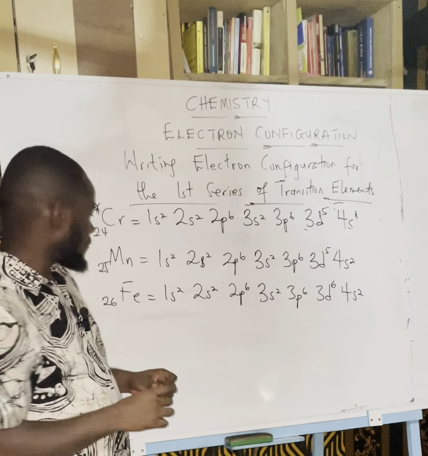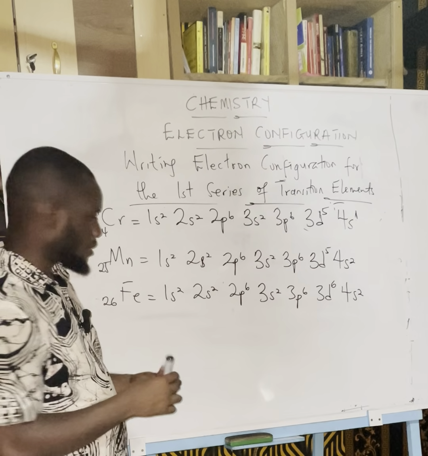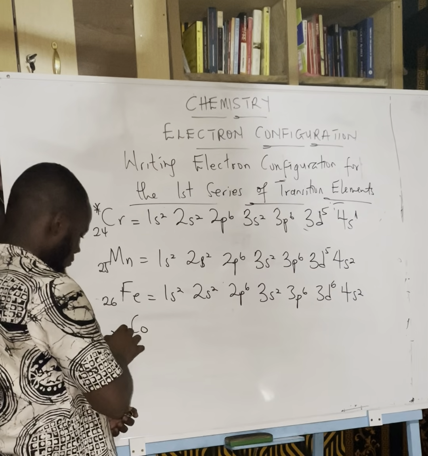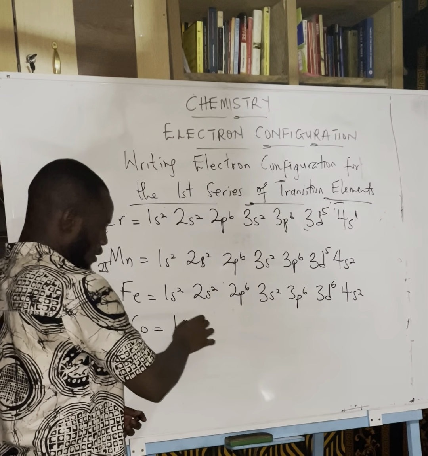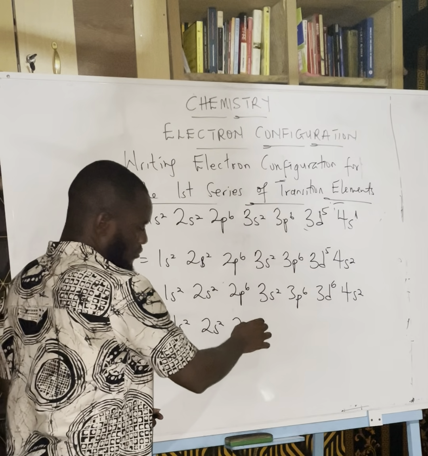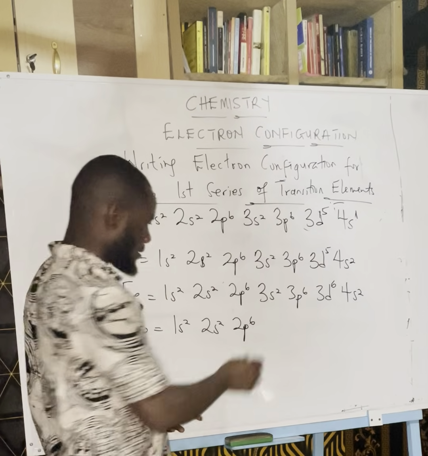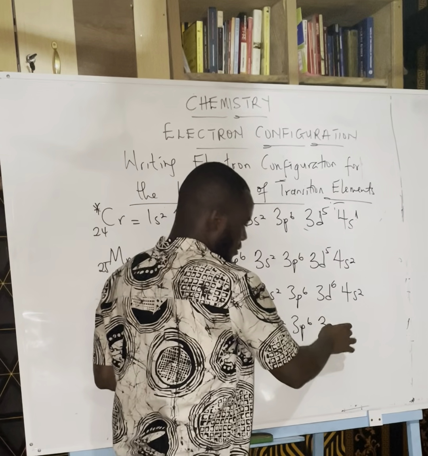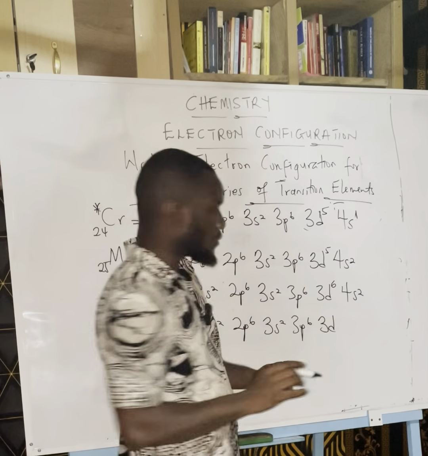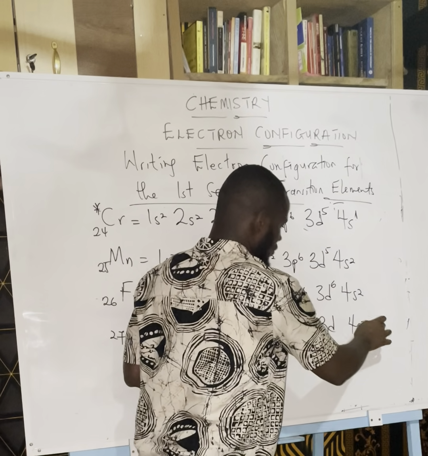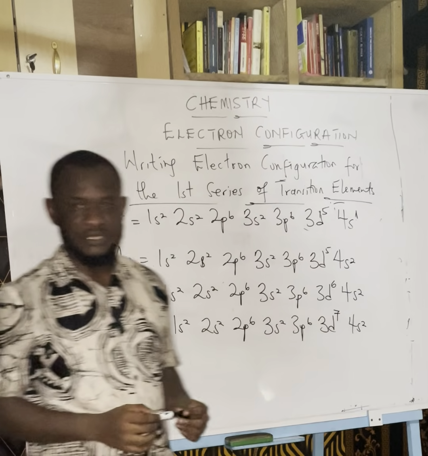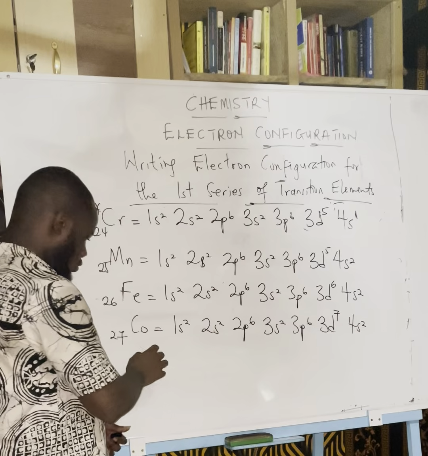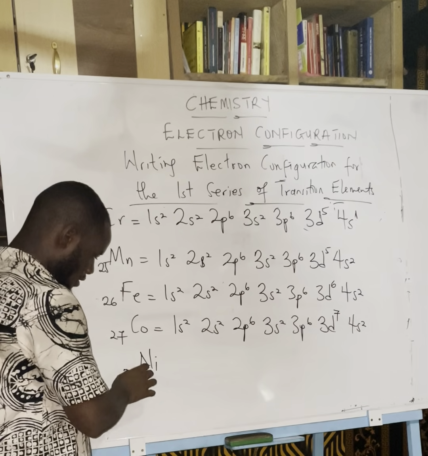From your iron, then go to cobalt. 1s2, 2s2, 2p6, 3s2, 3p6, 3d, don't fill it. Go to 4s2, 3d7.